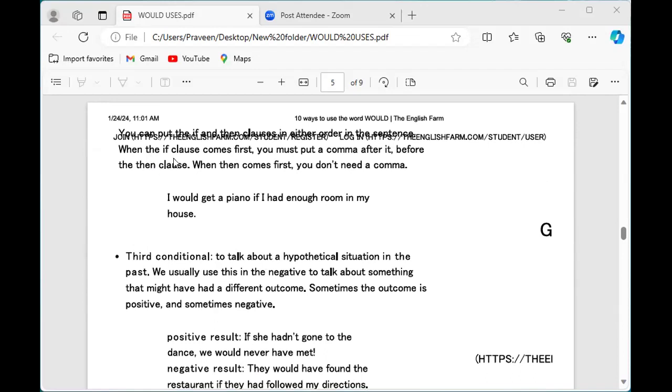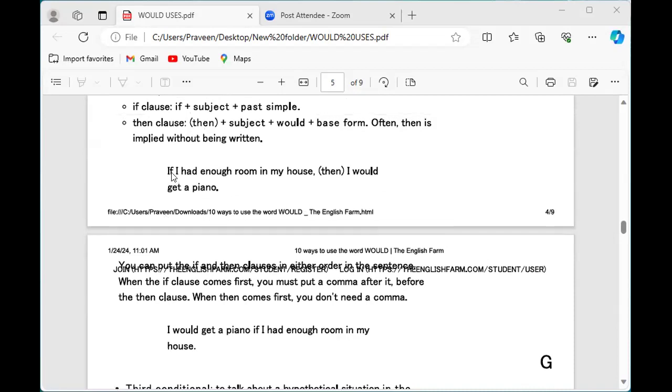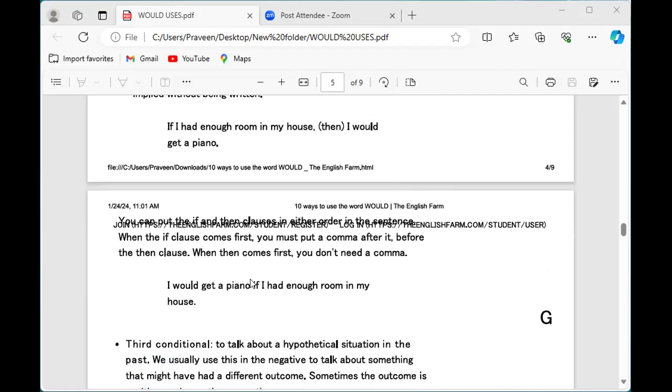When the if clause comes first, you must put a comma after it. When we use if first, here we have to put a comma, as in "If I had...". If the sentence starts with the then clause, we don't need to add any comma.